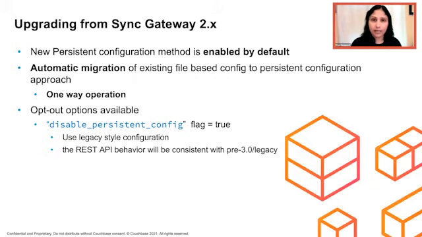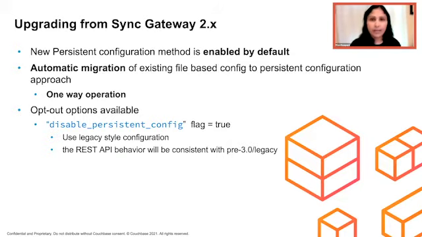Note that this is a one-way operation. Once we have migrated your cluster from the legacy way of doing things to the new persistent format, you can't revert back. There is an opt-out option available. Despite all that we have talked about today, if you are still not convinced that you're ready to migrate right away, you have an option of disabling that and continuing to do things the old way.